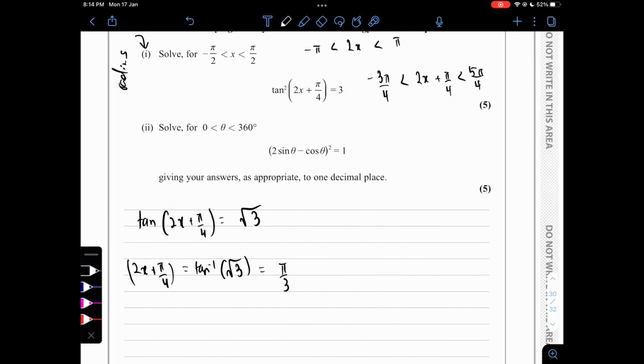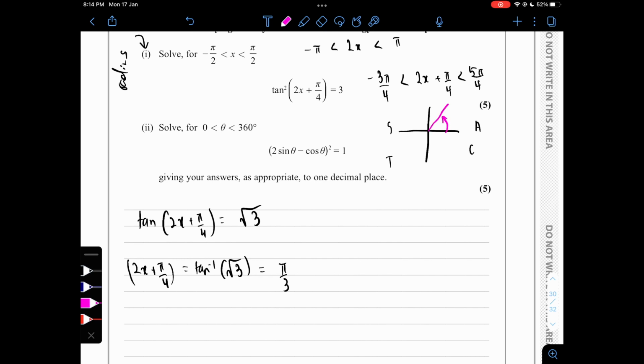Now, is this the only solution? If we were to draw the CAST diagram, π/3 is 180 divided by 3, which is 60 degrees, so this is around about here. That's the first solution.